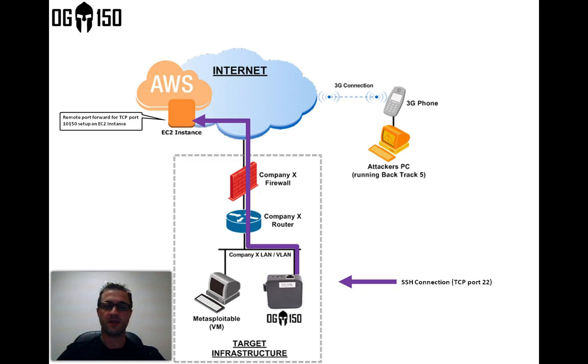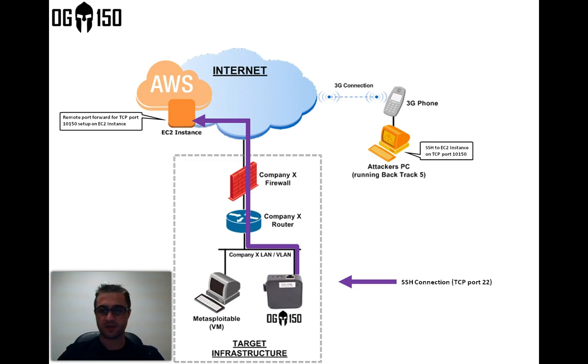And what that means is if anyone tries to connect to the EC2 instance on TCP port 10150, the EC2 instance will forward that traffic or that TCP connection over or inside that SSH connection to the OG150. Okay, hopefully that makes sense. It's a way of gaining access to the OG150 once the SSH tunnel has been created.